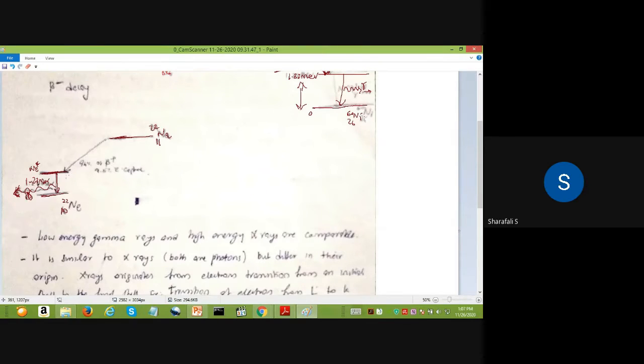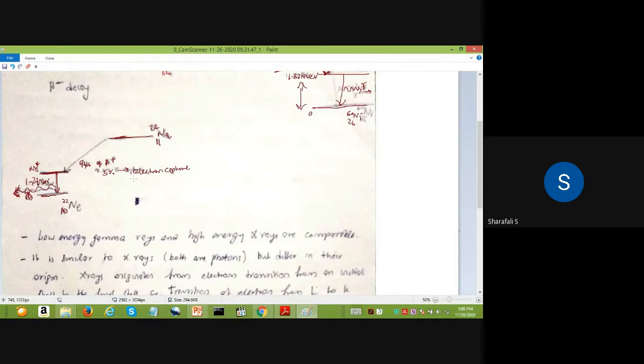So that is what will happen in these reactions. When you are having beta plus decay, you will be having a reduced Z number. 94% of the time beta plus decay will happen like this, and some 5% will happen through electron capture.